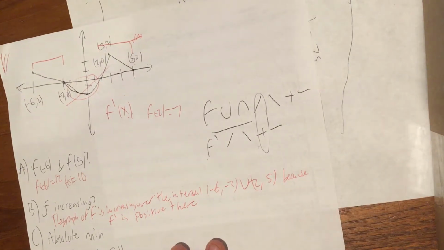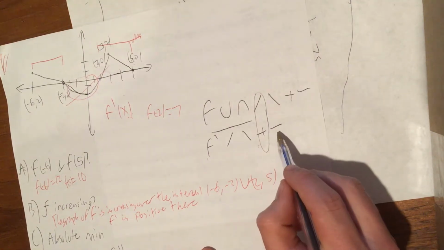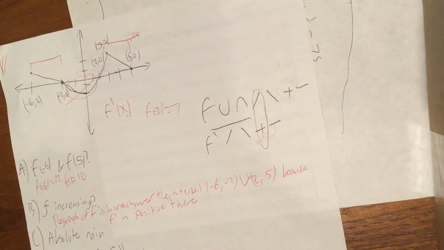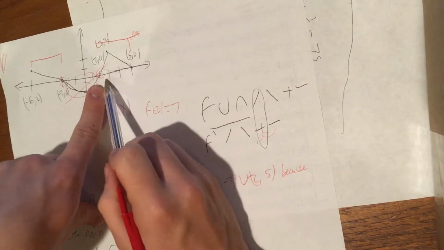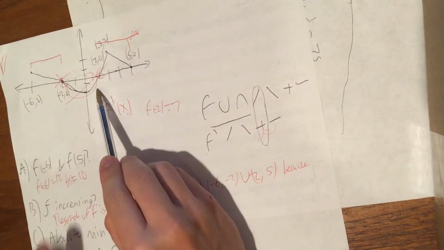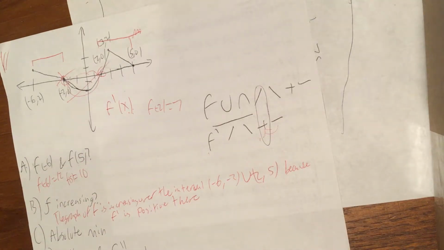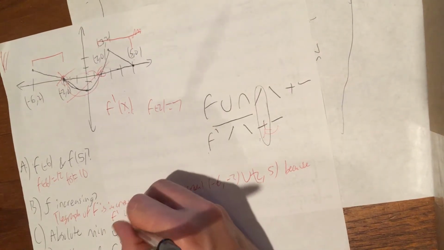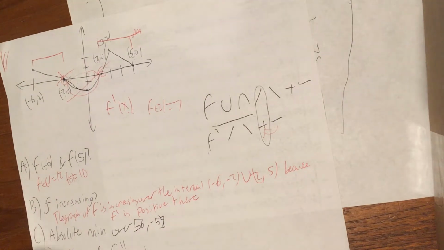We know there'll be a minimum when f goes from decreasing to increasing, but f prime would go from negative to positive. So we can look at that here, and f prime changes sign here and here, but only at this point is f prime going from negative to positive. So as the only minimum over the interval -6, -5 that they gave us, we know that would have to be the absolute minimum.